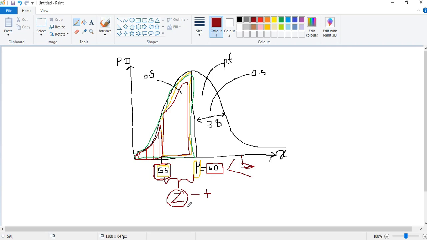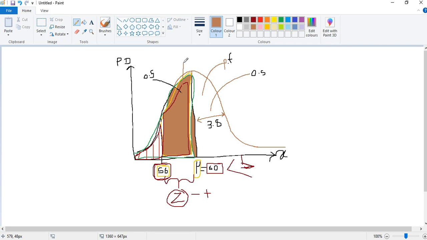So that means this gap. If it is this gap, isn't 35.31 this particular gap? Isn't it? It is this area. Right? Only this area.